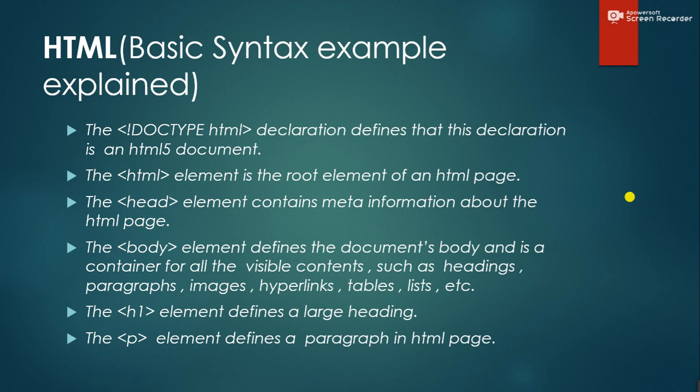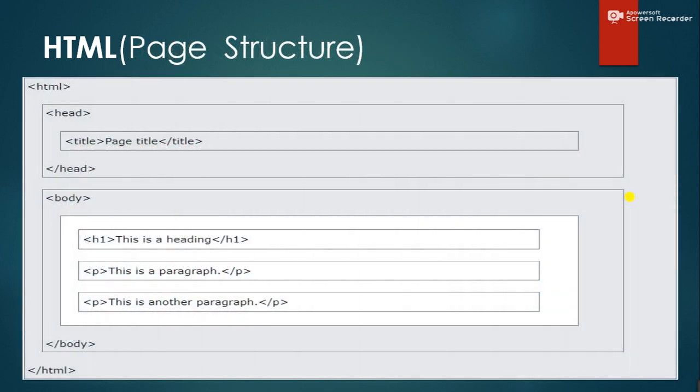This content would be headings, paragraphs, and different layouts like the header section, content section and footer section. After that, the h1 element defines a large heading, meaning a big heading. The p element defines a paragraph in an HTML page. Now move forward to our next slide.